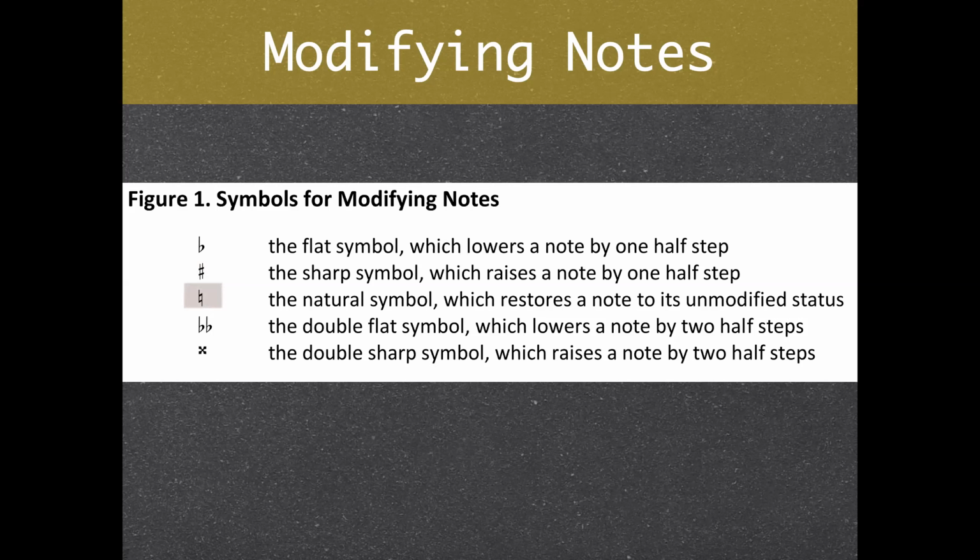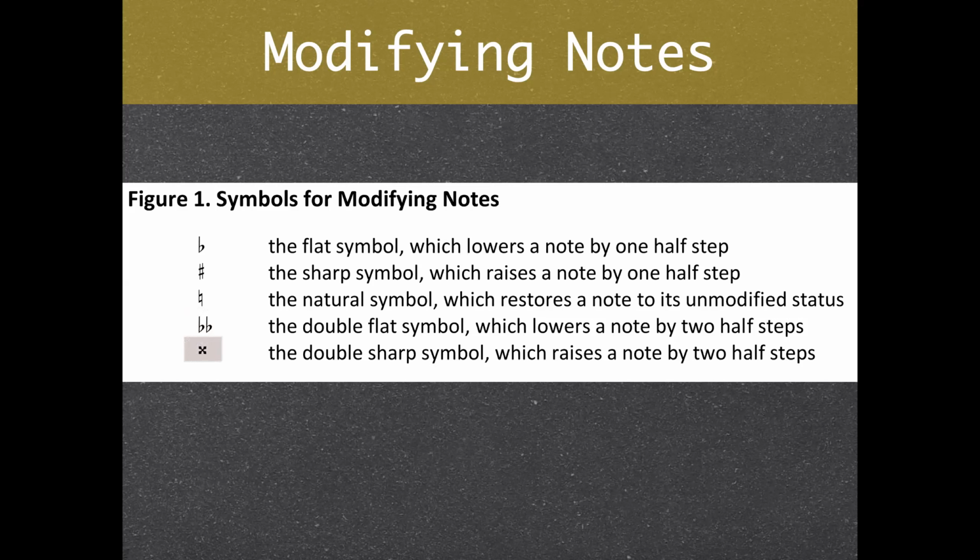The other two symbols I want to show you aren't used as frequently, but you do need to know what they mean. So the next one is two flats smushed together, and that means it's a double flat, which not only lowers the note by a half step, but an additional second half step. So if this is D natural and this is D flat, this is D double flat.